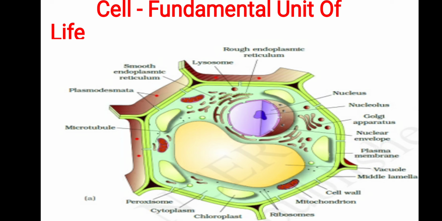Okay, do you know the cell is also known as the functional unit of life? Now, why is the cell known as the functional unit of life? Because the functions which are performed by your body are actually performed by cells.